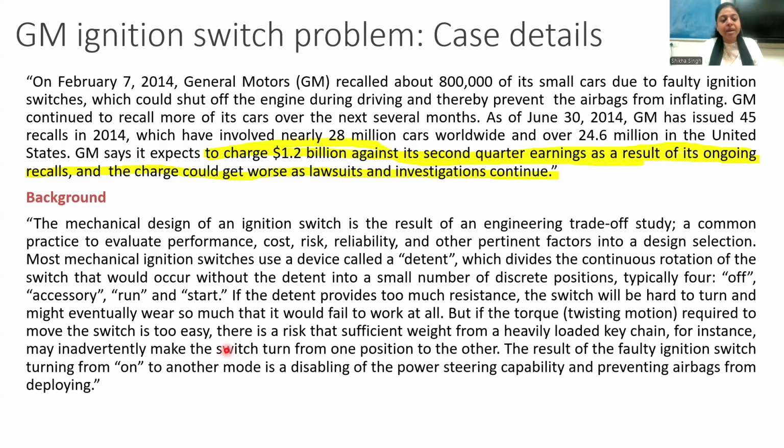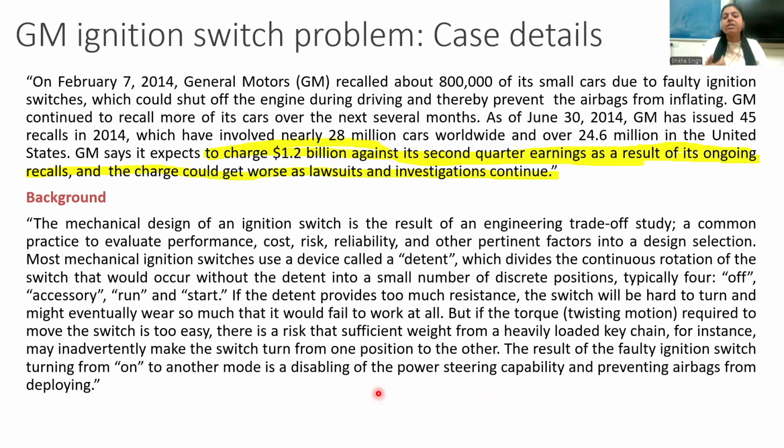What has happened? There is a risk that sufficient weight from a heavily loaded keychain, for instance, may inadvertently make the switch turn from one position to the other. The result of the faulty ignition switch turning from on to another mode is a disabling of the power steering capability and preventing airbags from deploying.